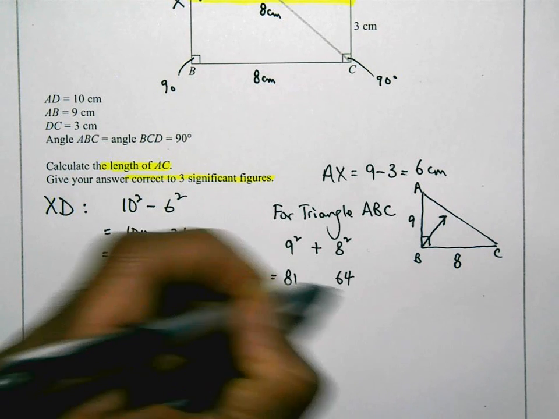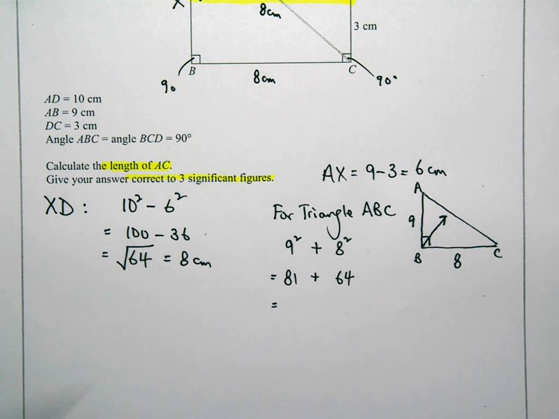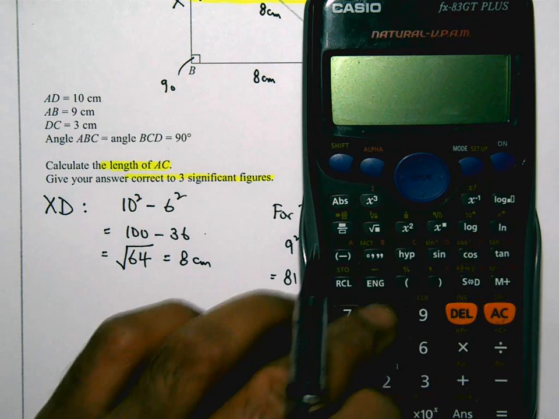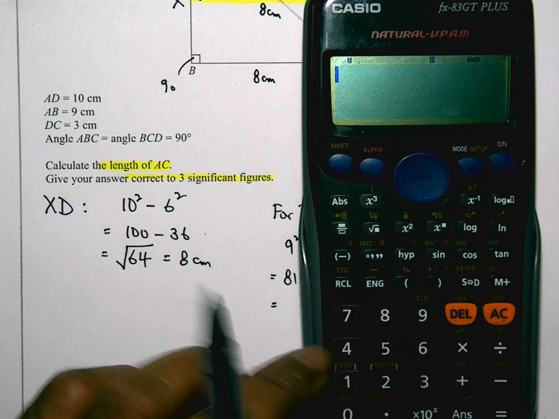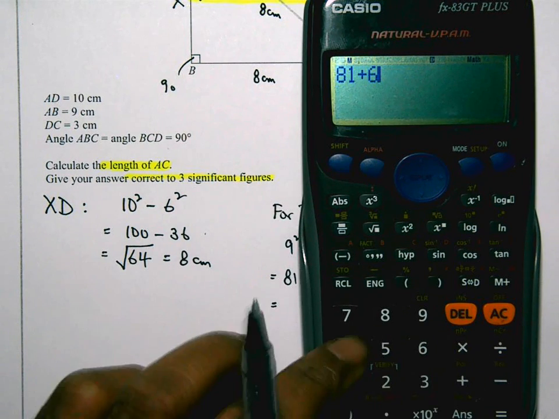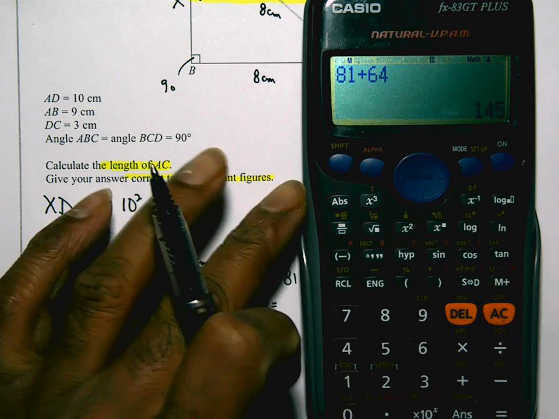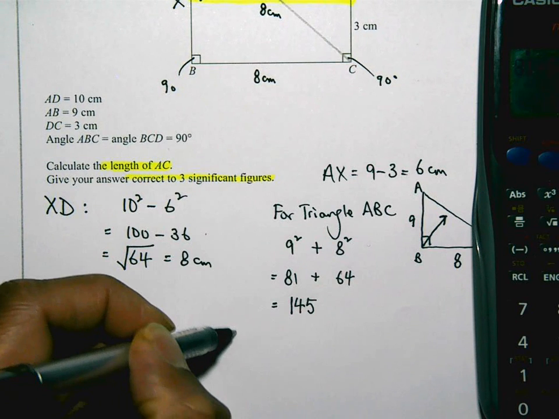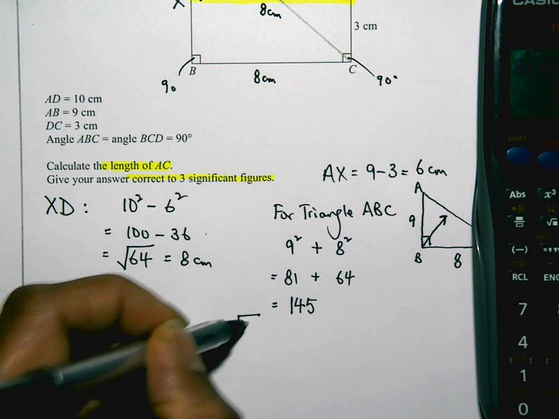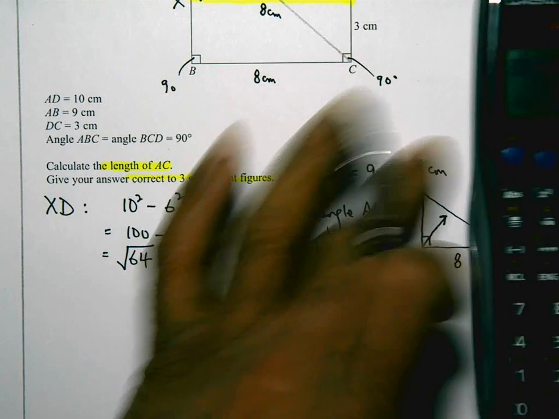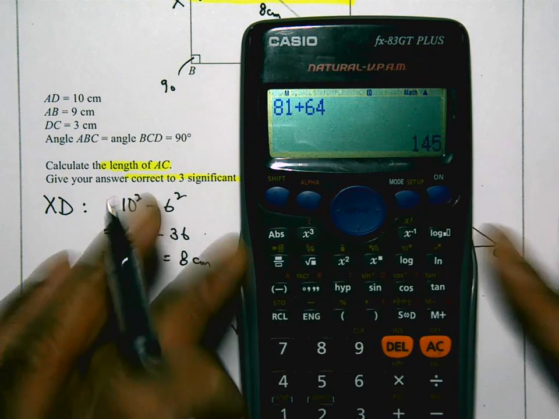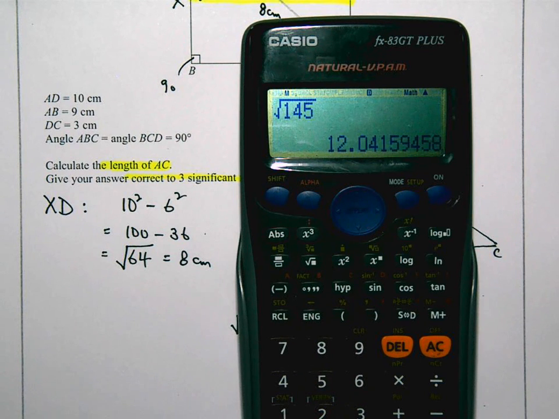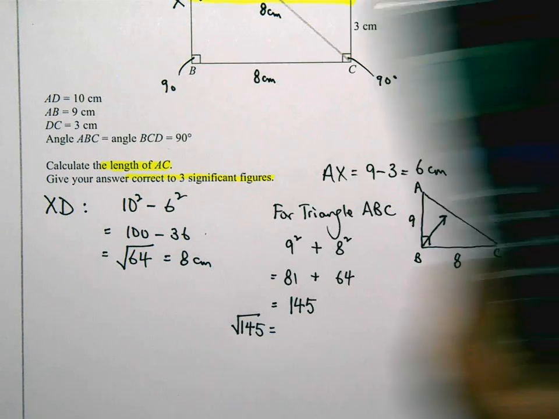Add them together: 81 add 64 equals 145, and I'm going to find the square root of 145, which is going to be 12.0415.